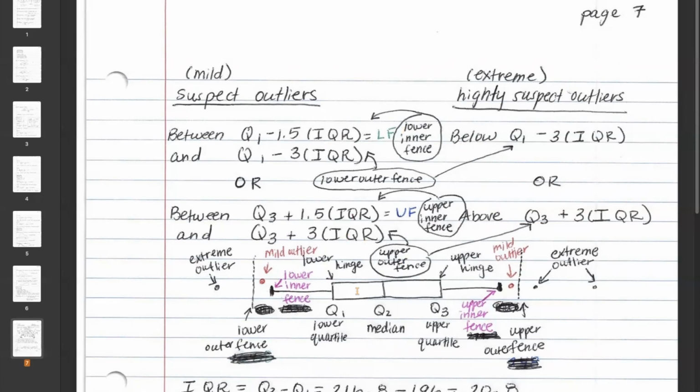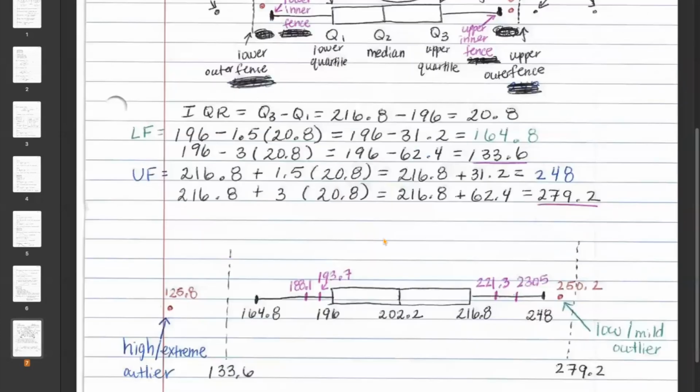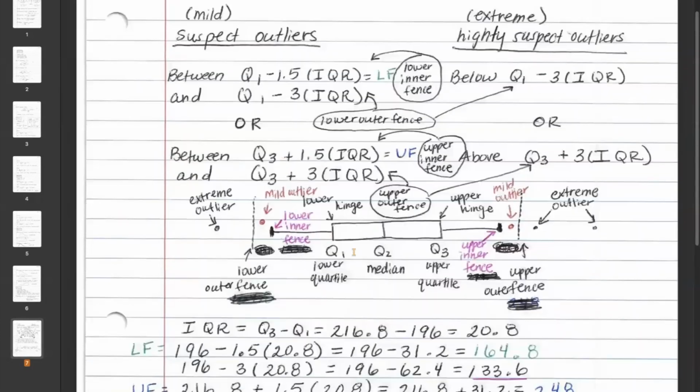And I know there's a lot going on, and I'll try to break it down, but then I also have a neater version down here. So if I were to just write out what the different parts of the box plot are, we have the hinges, which is the lower quartile, we have the median, and then we have the upper quartile here. The lower inner fence and the upper inner fence are these values here where the line stops.